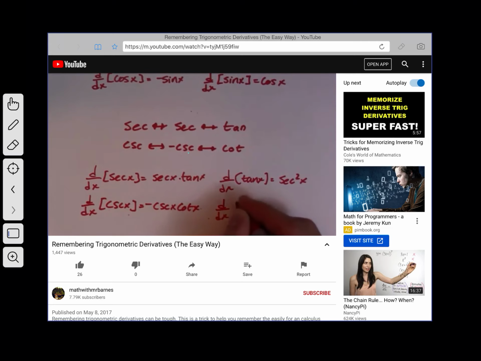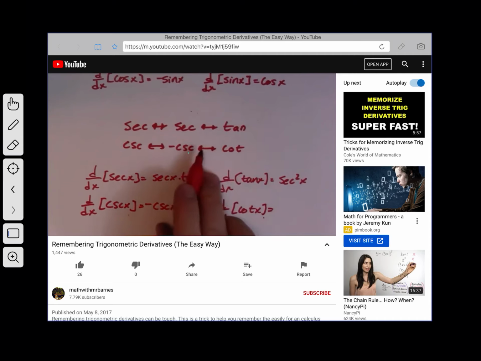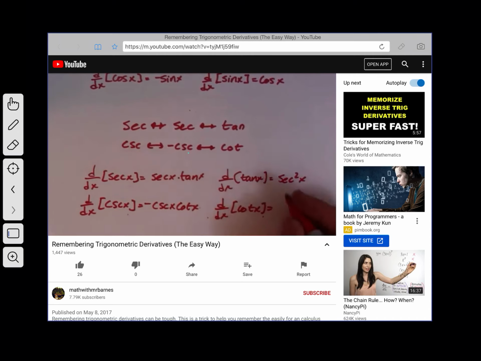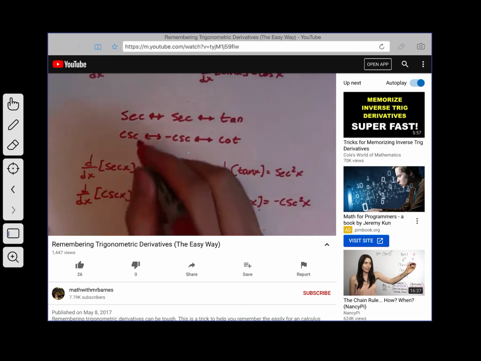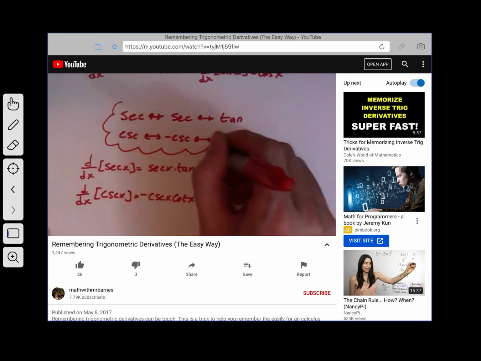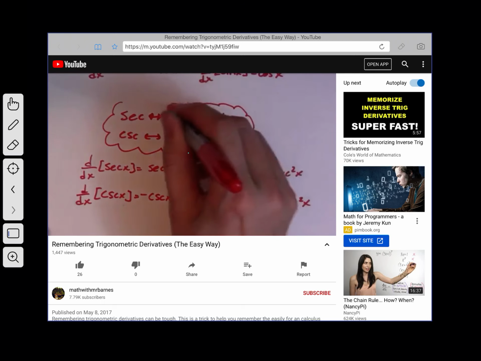And then lastly, we have the derivative of cotan of x. The derivative of cotan is negative cosecant squared. So negative cosecant times cosecant is negative cosecant squared x. And there it is. That's the easy way how my students like to remember their trig derivatives in a pinch.